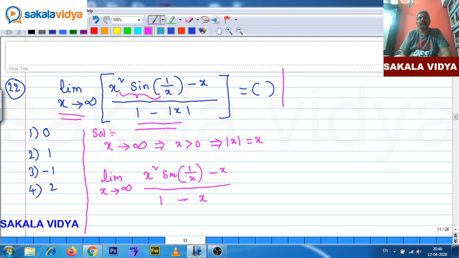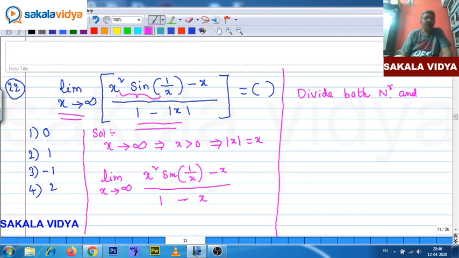Now here I would like to apply this plan: divide both numerator and denominator by x. Now what do you get? Let us observe.